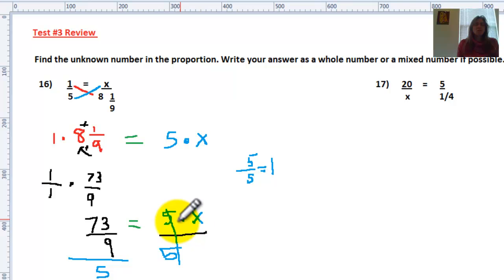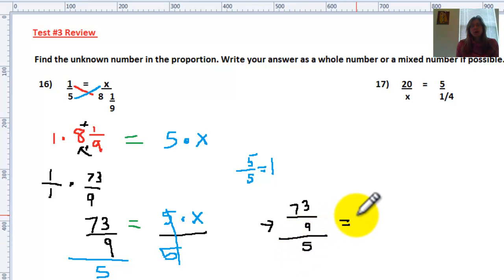So it's like saying 1 times x. So now let's move this problem over here. We have 73 over 9, which is all over 5, equal to x.